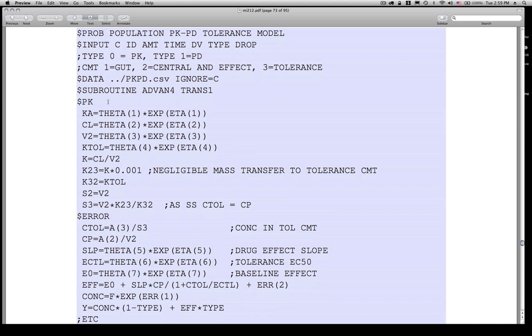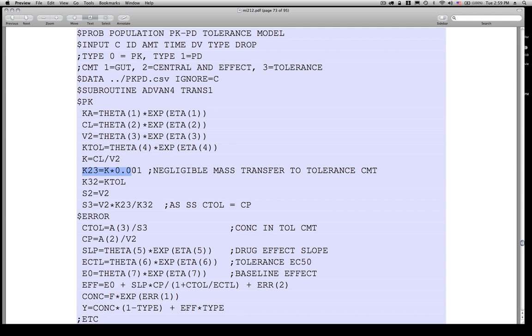Okay, so in $PK, we're going to specify the required parameters for advan 4, trans 1, which is the microconstants, but we're going to use Ka, clearance, and volume, and then back calculate those. So K is required, Ka is required, and then the scale is required. So this is very much like the effect compartment model. We have a K-tol, which is equivalent to the Ke0.